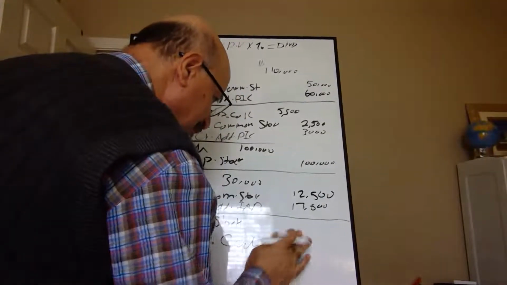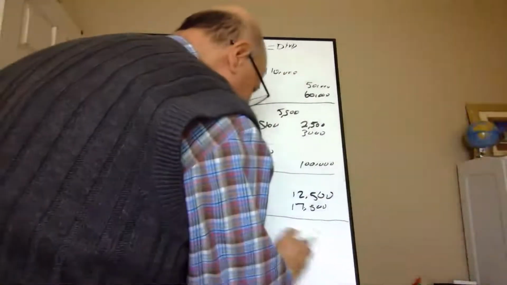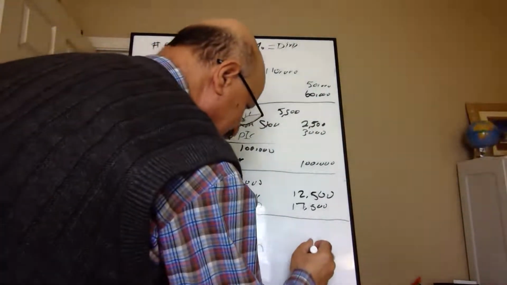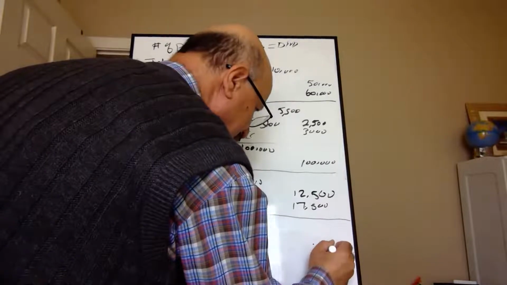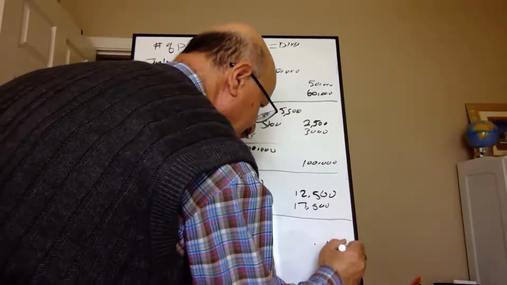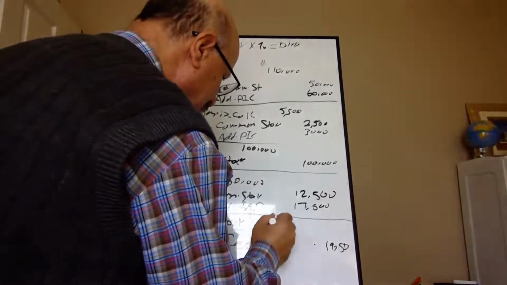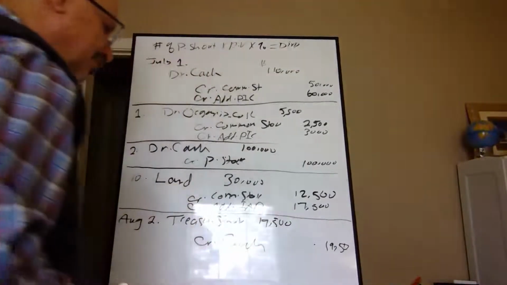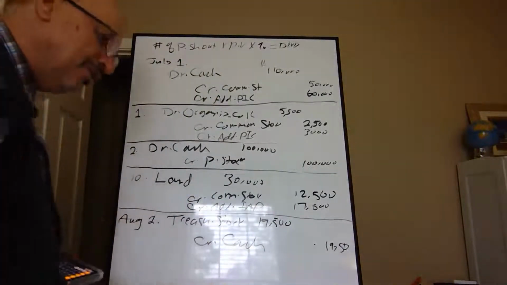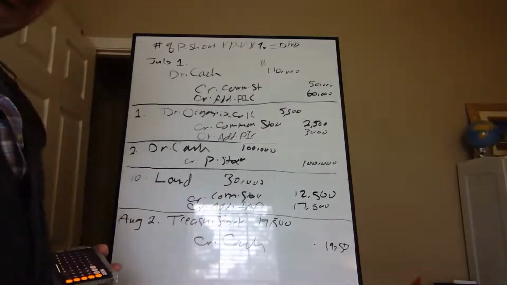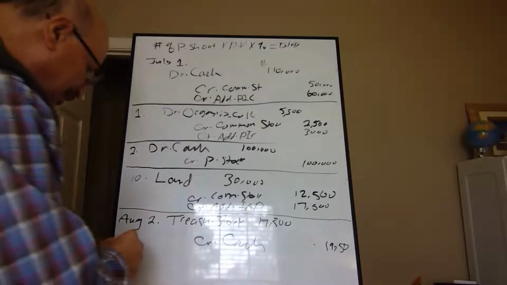For $19,500. Cash credit, $19,500. All right. So we debit treasury stock for $19,500 and we credit cash for $19,500.